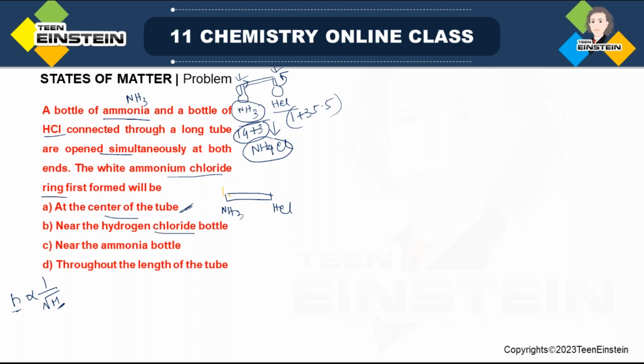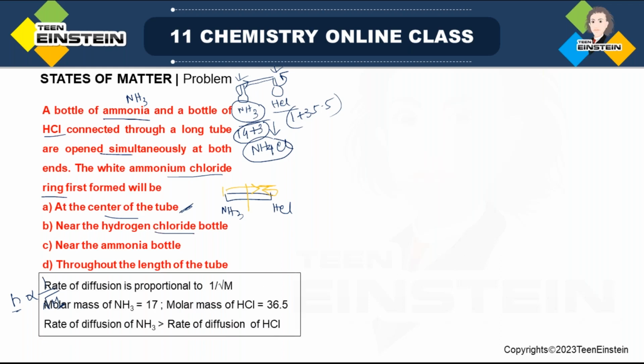So obviously their connection point will be, if this is the center, somewhere here, that is close to HCl, because when ammonia has moved this distance, HCl is able to move only this amount. I'm just saying arbitrarily. So it will be close to the bottle of HCl. Which option is correct? It should be B.